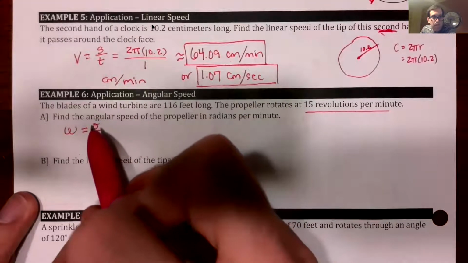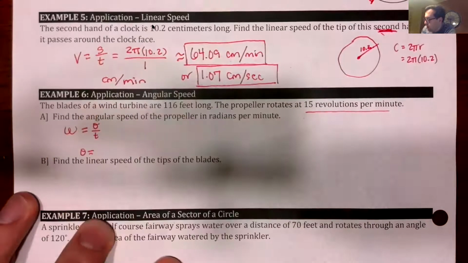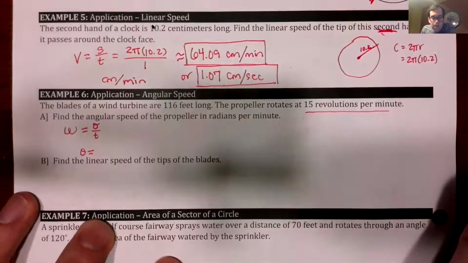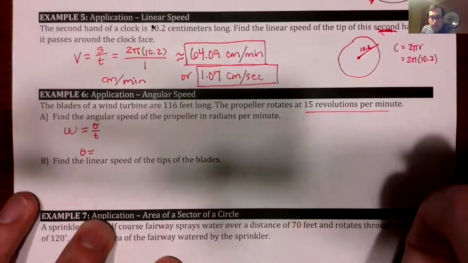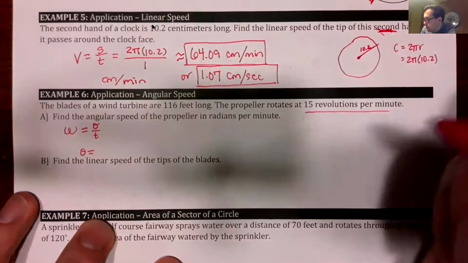So remember, theta is an angle. And if it's moving 15 revolutions, how would we represent 15 revolutions as an angle in terms of radians? And remember that each revolution is 2 pi radians.